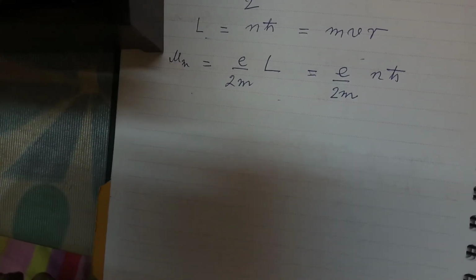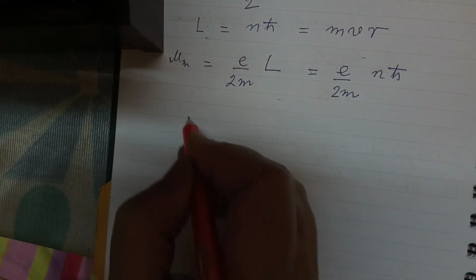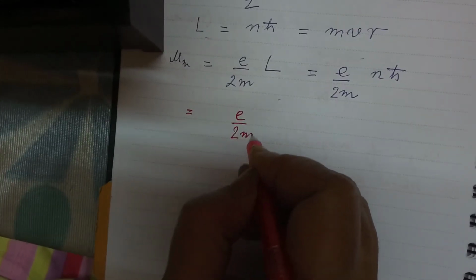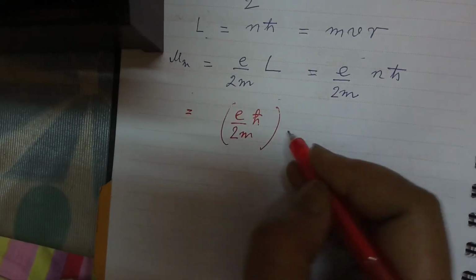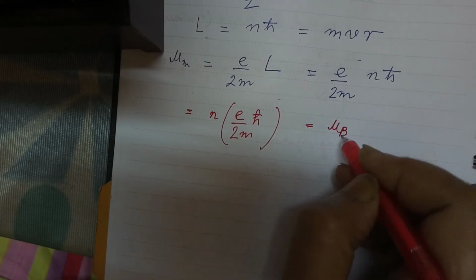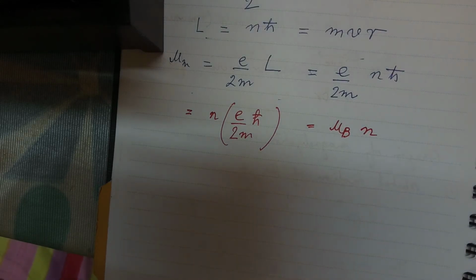Now this E by twice m h cross, we write as mu B. So this we write as mu B n. Okay, all right.